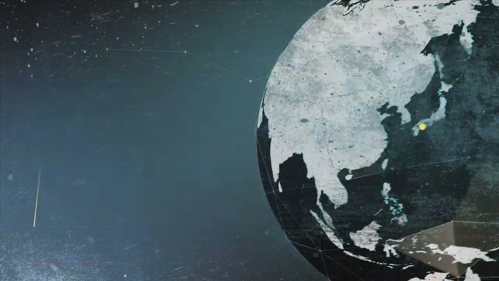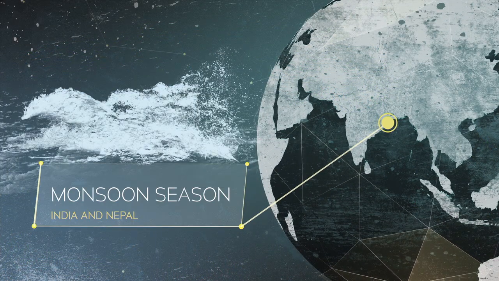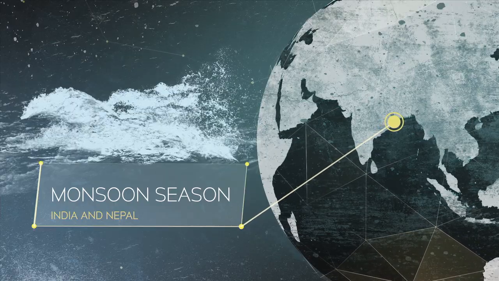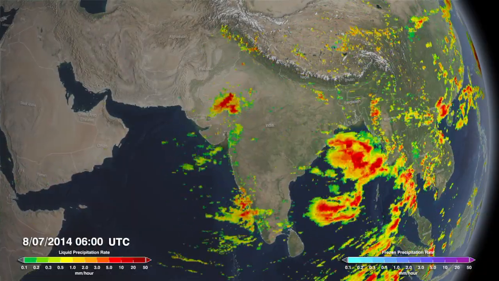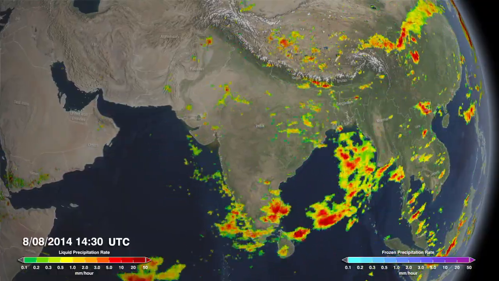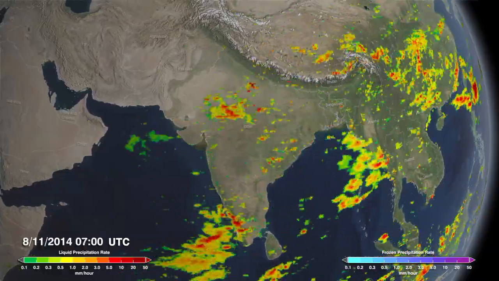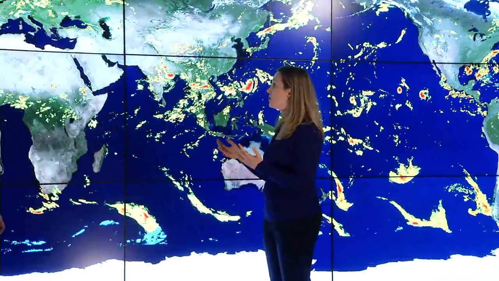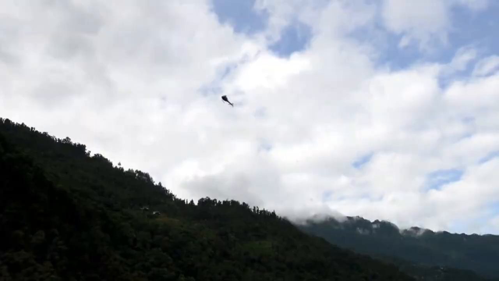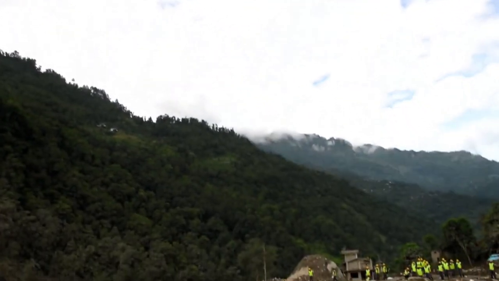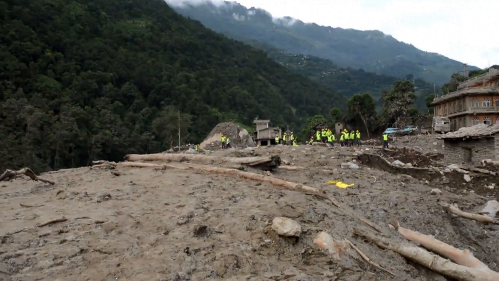As we head south through Asia, seasonal rains drench India and its surrounding areas. One of the things that we can observe about this data set is where and when rain is happening. And by being able to see, for example, this huge cluster of storms from the monsoons, we can understand where we might get heavy rainfall that leads to landslides and flooding. In fact, what we observed during this time is actually a landslide that caused 150 fatalities.